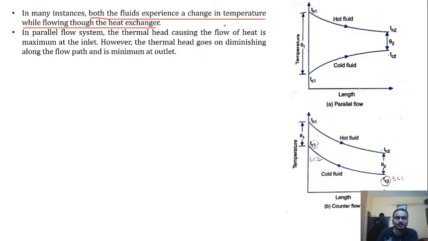So first we will discuss parallel flow. So here in parallel flow, both fluids are having entry from here. So let me write down this as a hot fluid. So entry is this and exit is this. In case of cold fluid, the entry is here and exit is here.